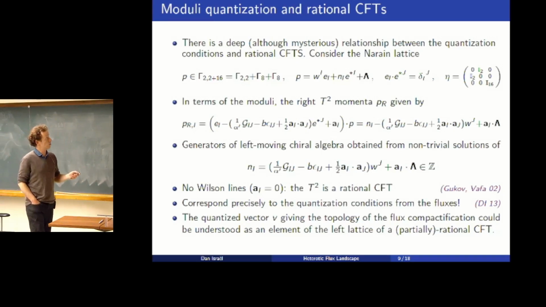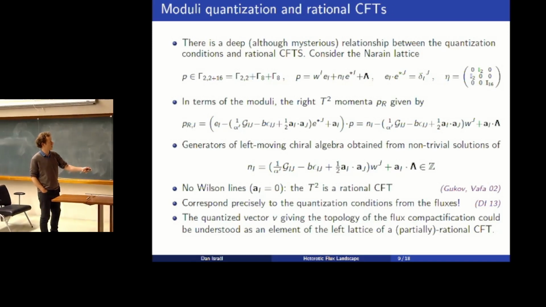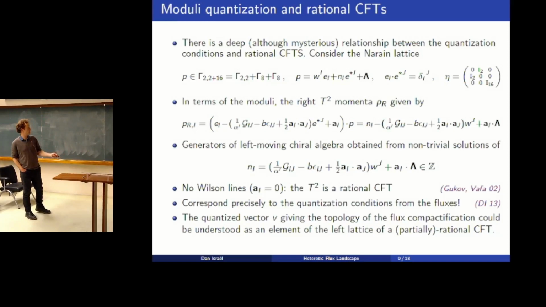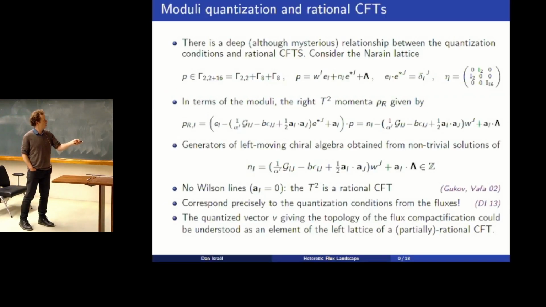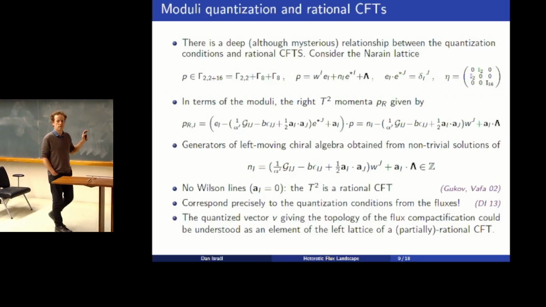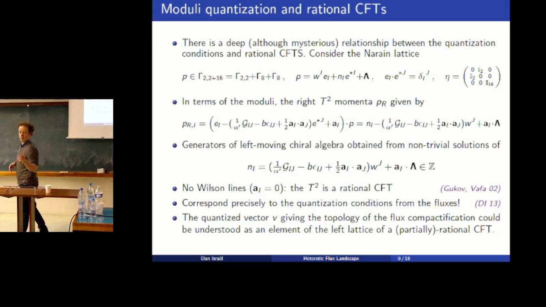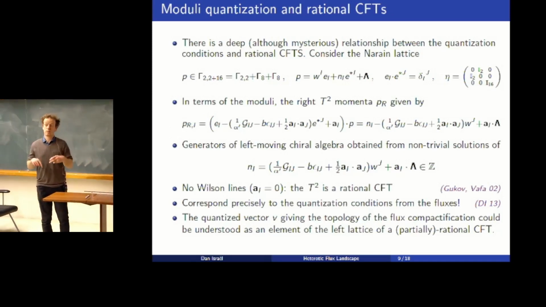So in this case, if you take a T2, if you ask that P right is 0, you find that the momentum has to be related to the winding and also to the vector in E8 cross E8 in this precise way. Okay? And this, of course, is exactly the same as this condition on the quantization of the class, which means 2 things. First, that the quantization condition of the heterotic flux background is equivalent to saying that, at least when there are no Wilson lines, the torus has to be a rational CFT.